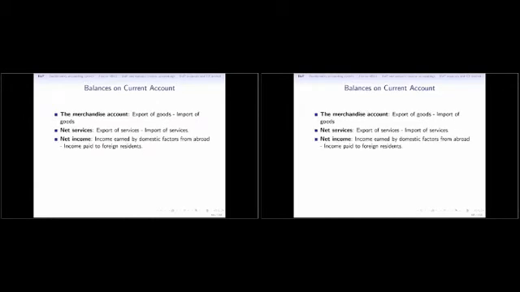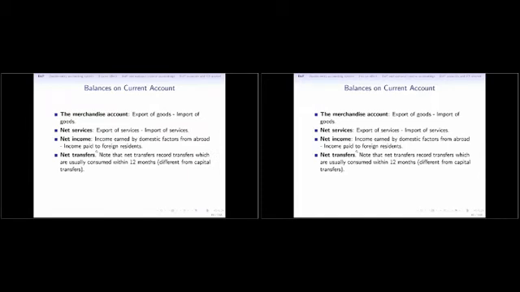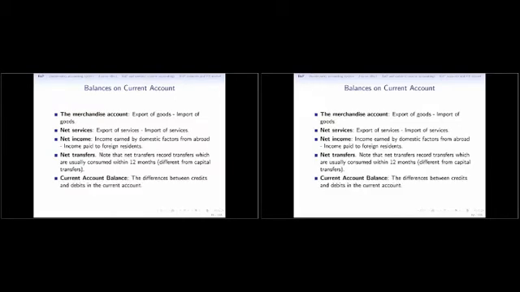So net income is simply the balance on income, and it is income earned by domestic factors from overseas minus income paid to foreigners. Net transfers, in a similar way, is the balance on transfers, right? How much you provide to the rest of the world against how much the world provides to Australia. Good. Current account balance, at the end of the day, is simply the balance on the current account. It is the difference between credits and debits in the current account.